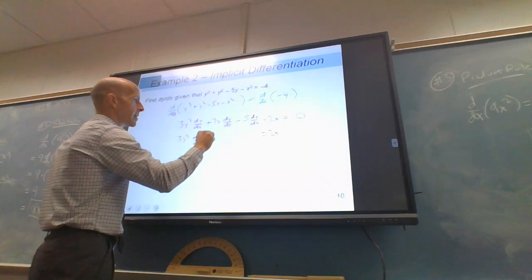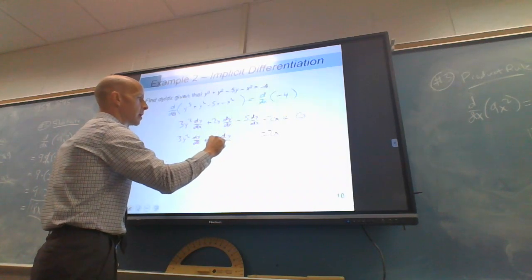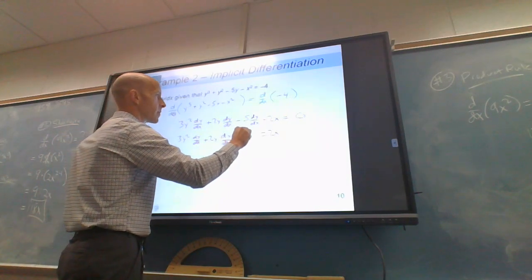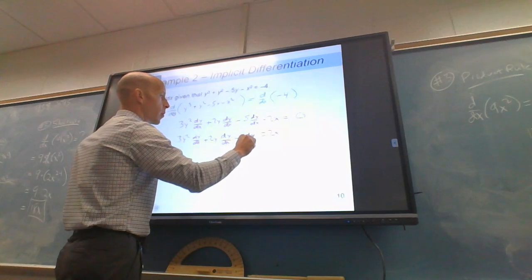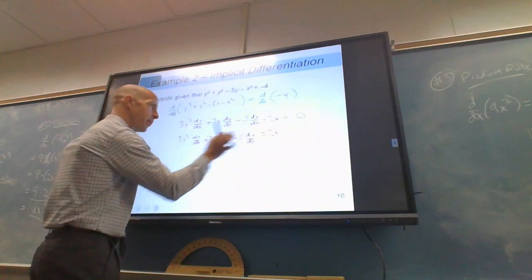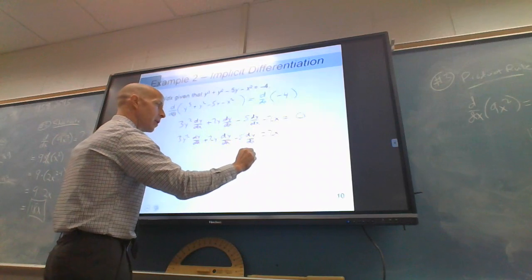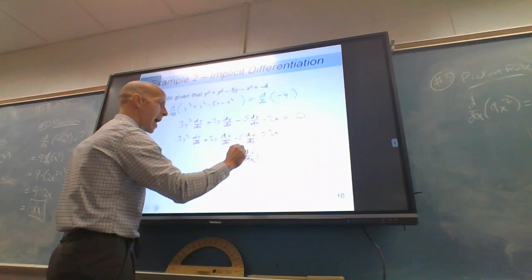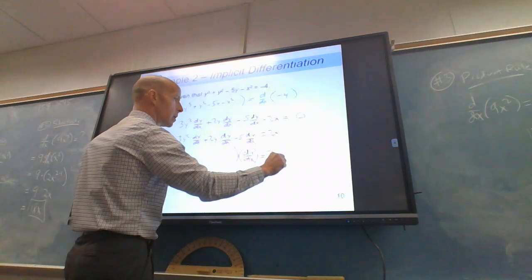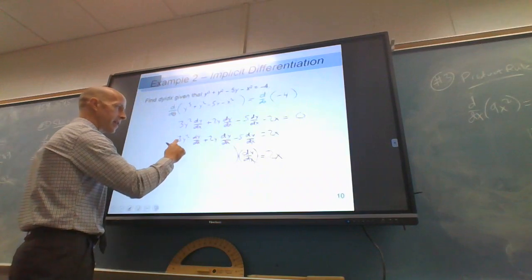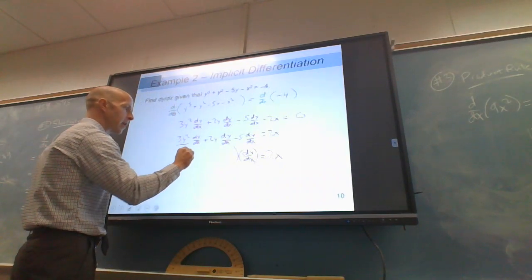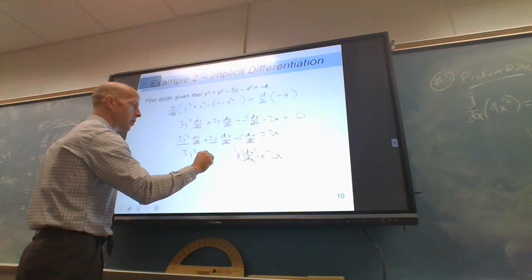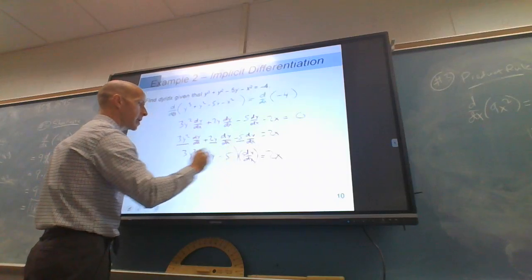Everything else over here has a common factor of dy dx. That's what we want, because now I can factor that dy over dx out and leave the 2x on the right. Everything that's left in the parentheses is 3y squared plus 2y minus 5.